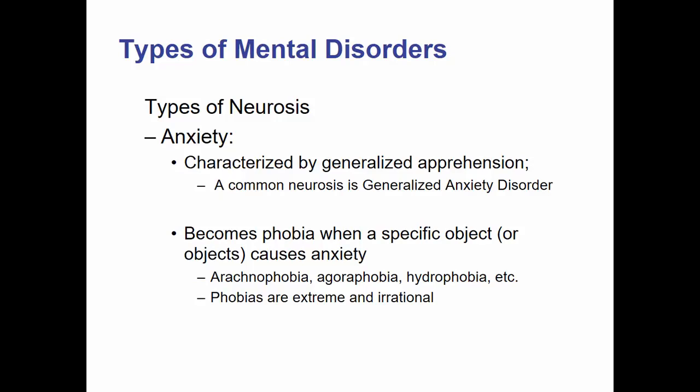This is compared with a phobia, where the individual is afraid of a specific object or objects or a series of events, right? So a phobia is a fear of a specific thing, while generalized anxiety disorder is a phobia of just kind of everything.